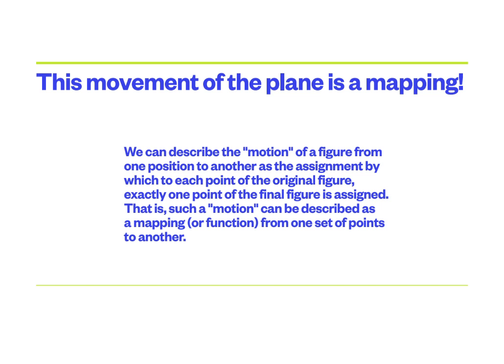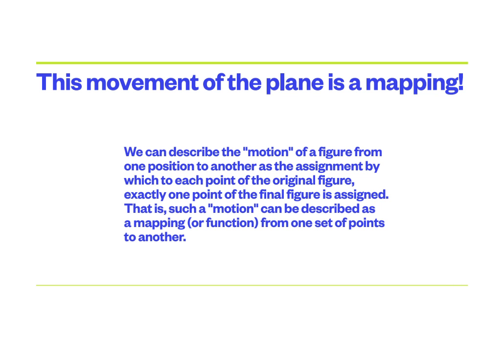So this movement of the plane is a mapping. We can describe the motion of a figure from one position to another as the assignment by which to each point of the original figure exactly one point of the final figure is assigned. That is, such a motion can be described as a mapping or function from one set of points to another.